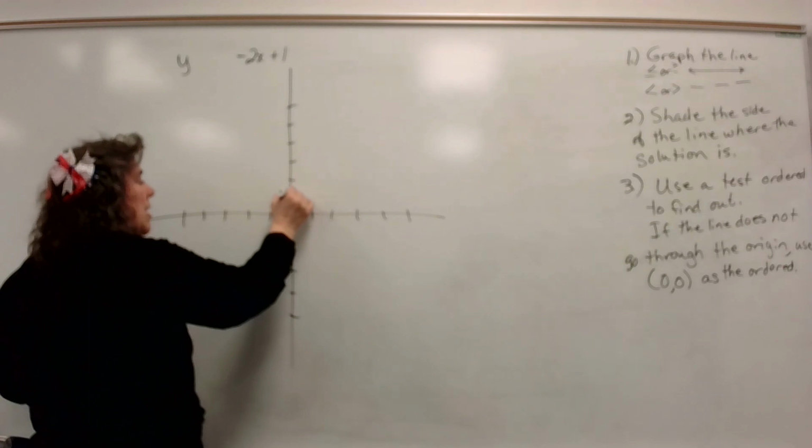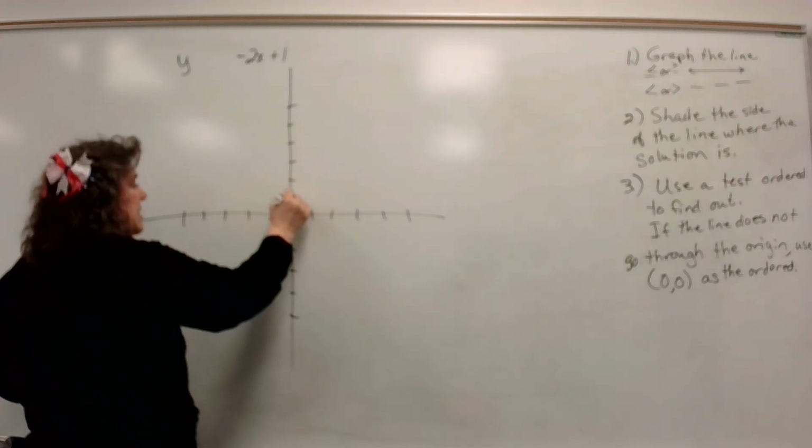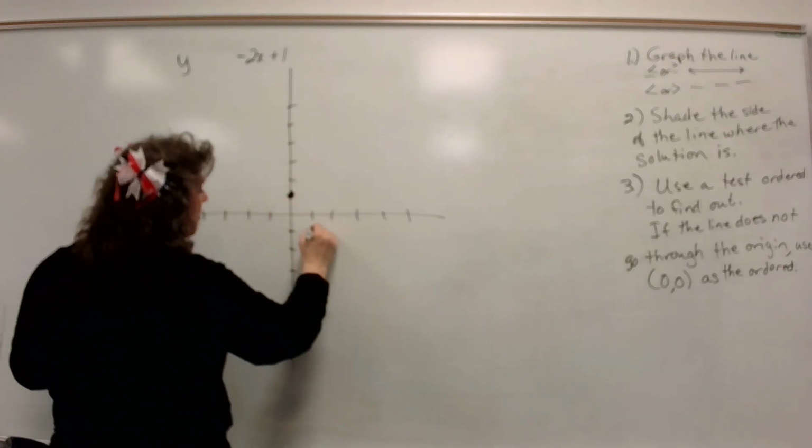It says plus 1 is my y-intercept. My slope is going to be down 2 and over 1.